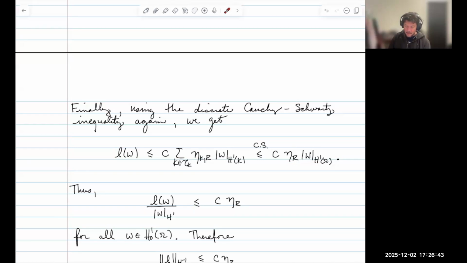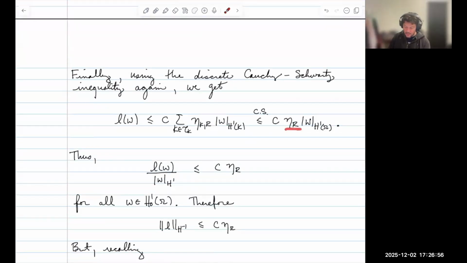Finally, now just divide both sides by this object here. And that gives me this estimate for this quotient. This object here now is the global error estimator. So we're very close now. This holds for all W, so I can take the supremum on this side.